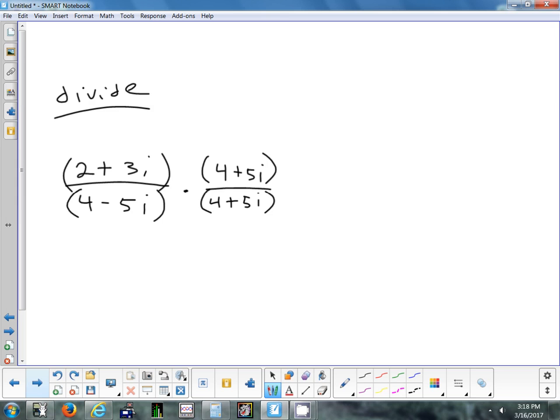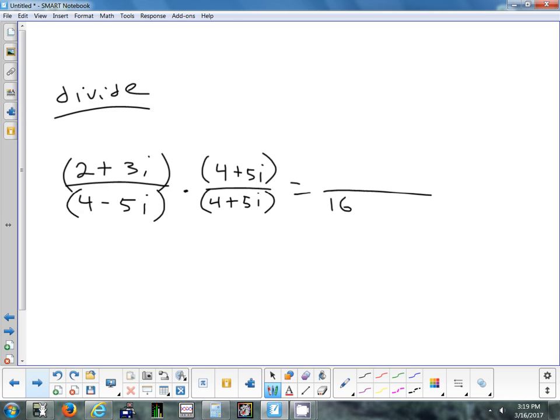So a little different. But now we multiply and FOIL that out. We FOIL the bottom. That one's going to be nice because they're conjugates. So when you FOIL, what do you get? It's 25.